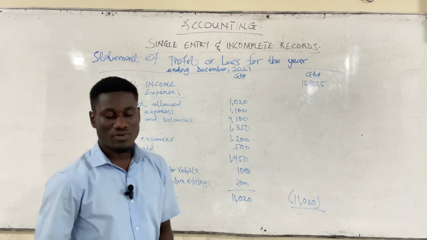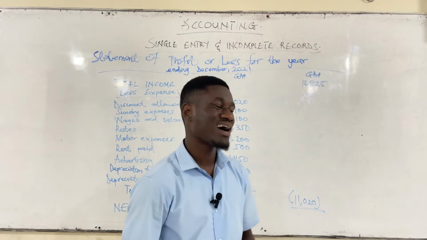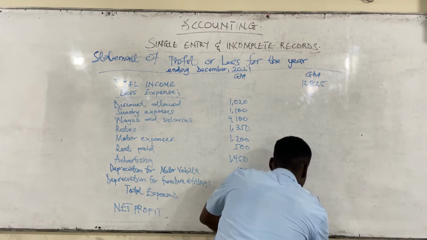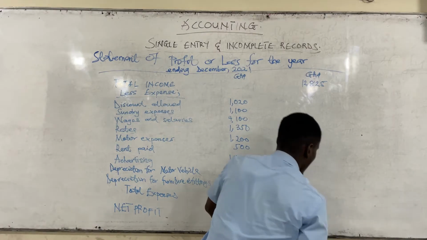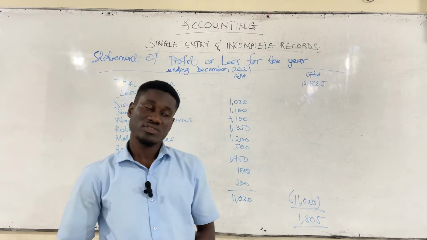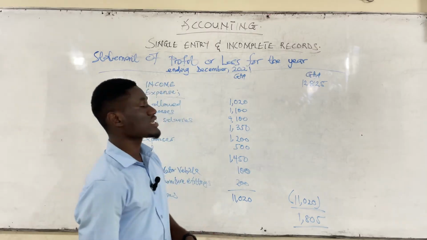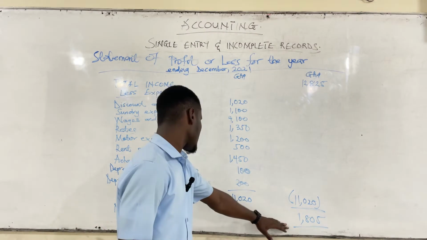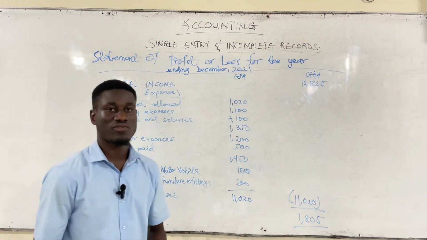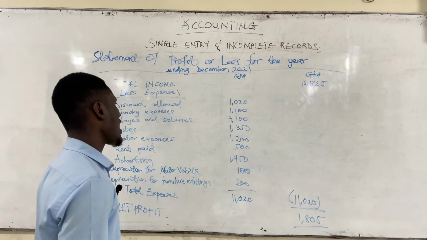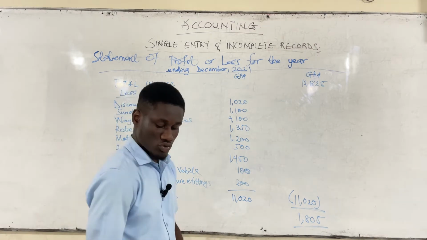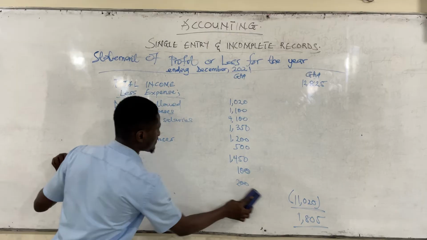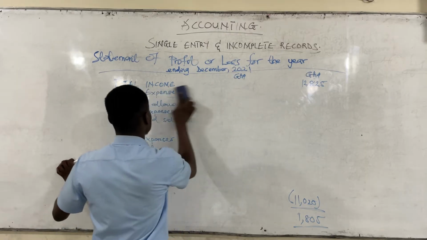So our net profit is going to be 1,805 for our net profit. So this will be all for our income statement of profit or loss. So is this net profit that we'll send to the statement of financial position to find our balances? Okay, so we'll proceed to the statement of financial position.